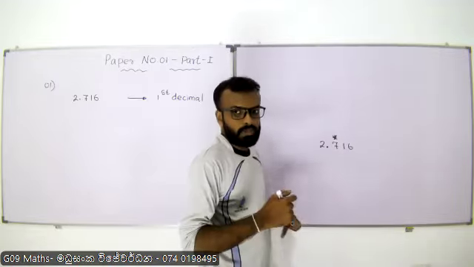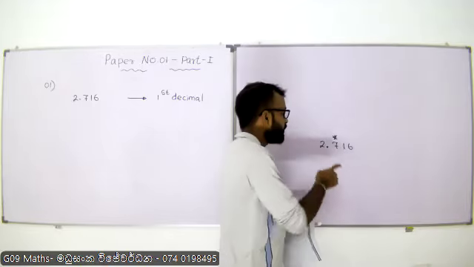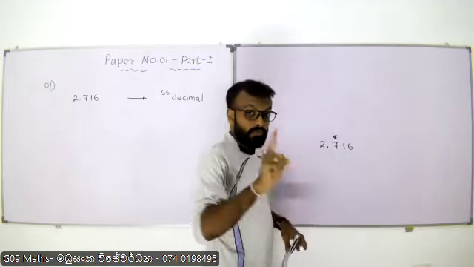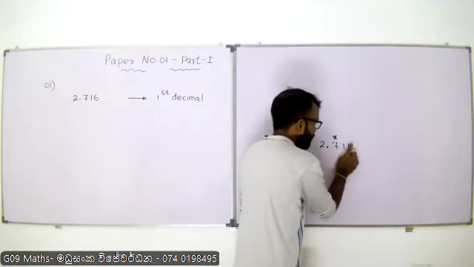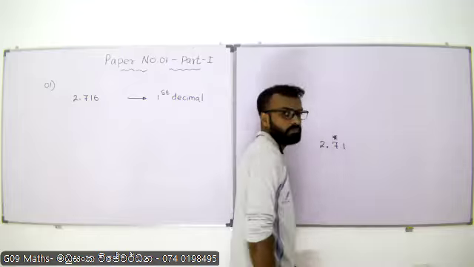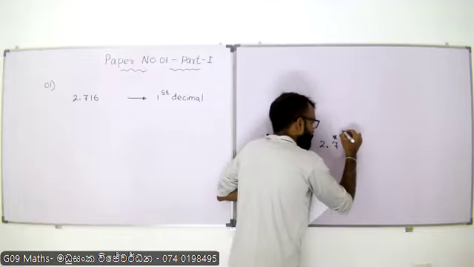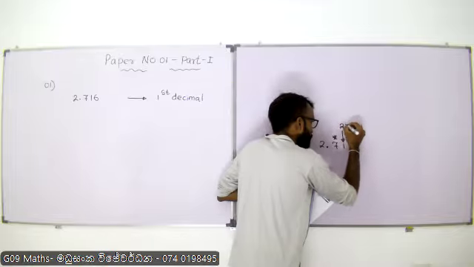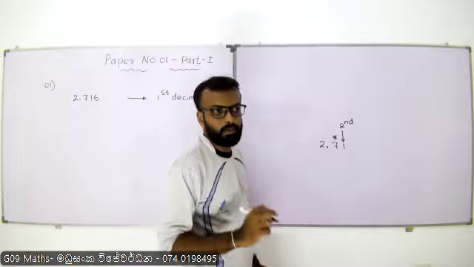Actually, if you are rounding it off to the first decimal place, we do not need the last decimal place. We can ignore it. We need only the second decimal place.